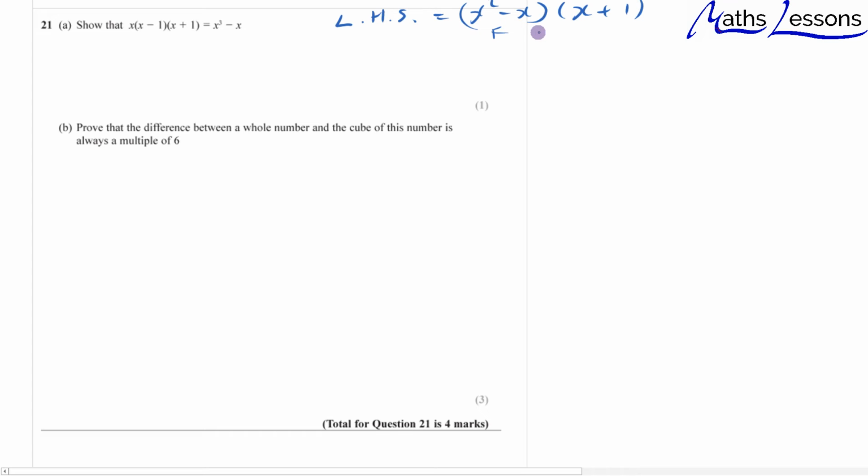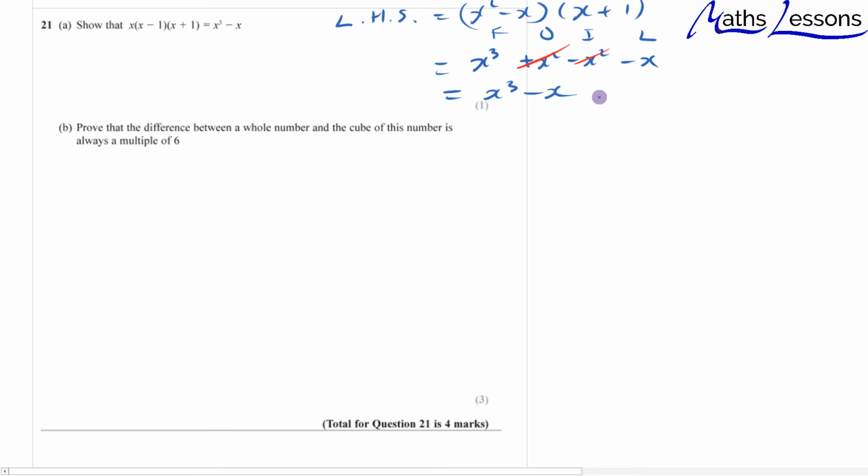Then you can do your FOIL on this. First two things, outer two things, inner two things, last two things. And we can see that cancel.